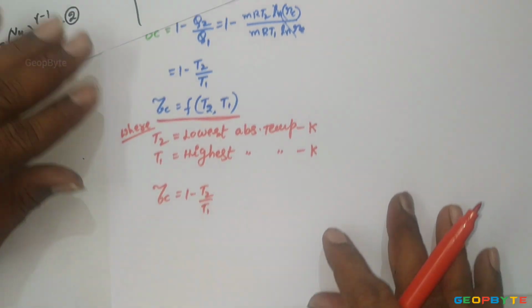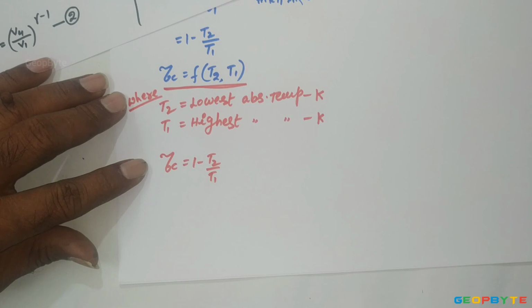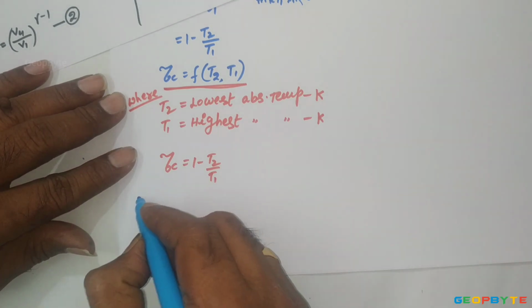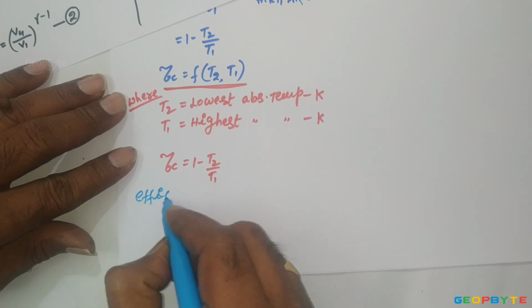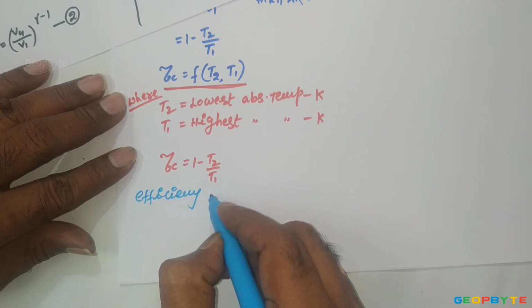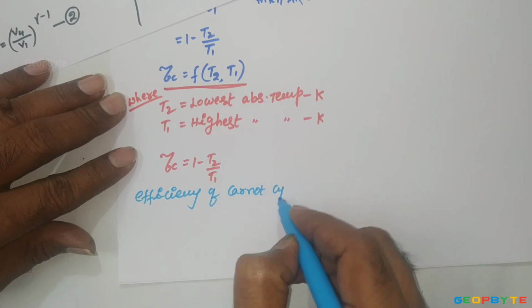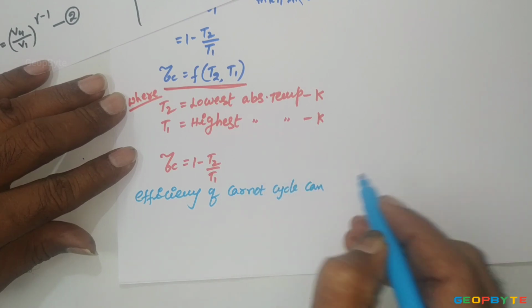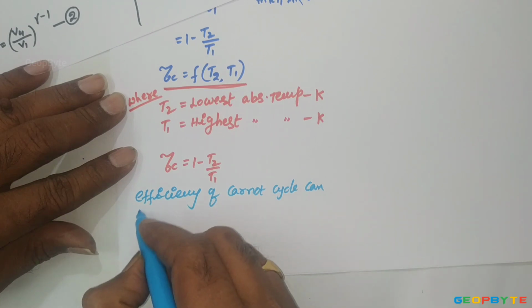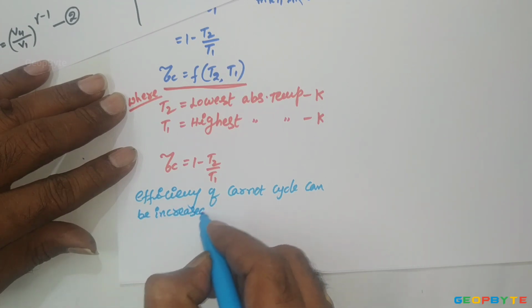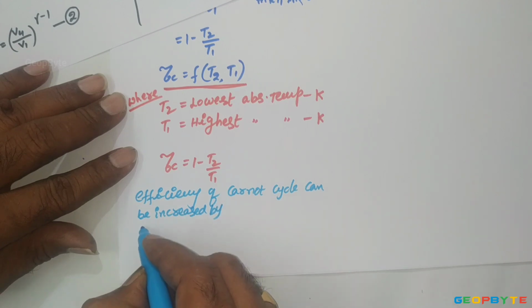From this, the efficiency of the Carnot cycle can be increased by the first point.